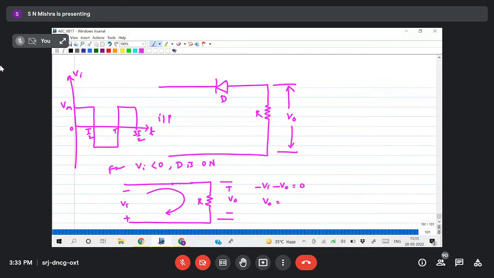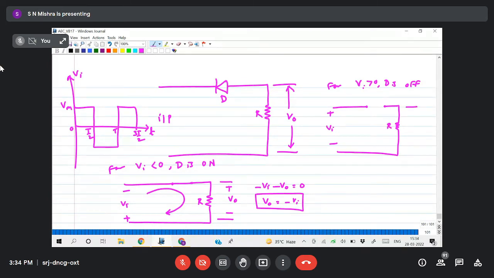So V naught equals minus Vi. Then for Vi greater than 0, the diode is off. So it will be an open circuit, then the resistor R. As the current is 0, V naught equals 0.